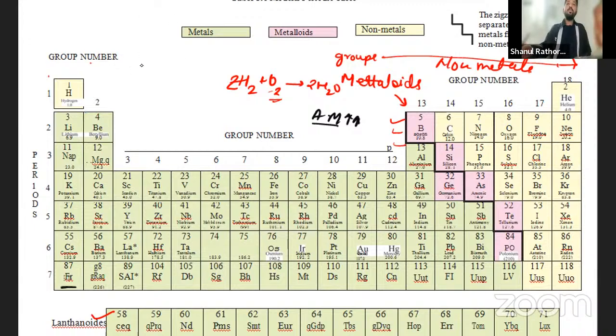When two scientists, as we wrote, Dobereiner and Newlands, showed their effort in making this table, then Mendeleev comes into the picture, and Mendeleev called this table of elements the periodic system, right?